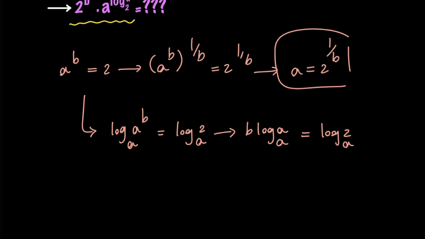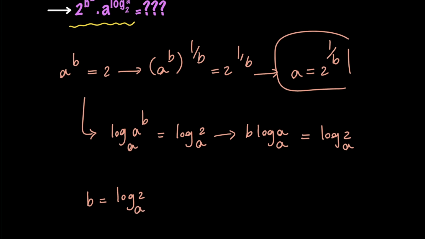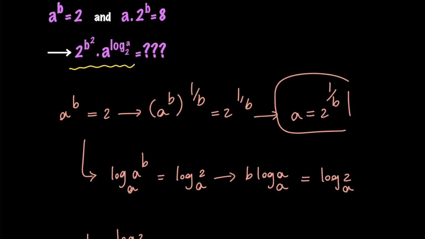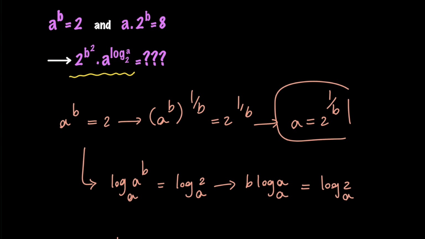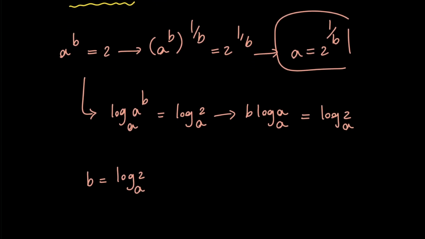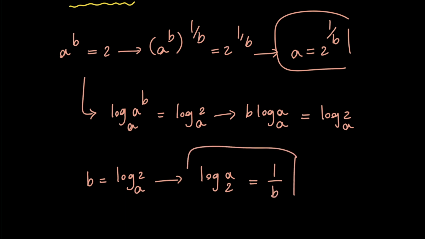And since log a with base a is 1, we have b equals log 2 with base a. But notice that in the expression that we want to evaluate, we have log a with base 2. So I'm going to say that log a with base 2 is equal to 1 over b. Great, so we've used the first equation and we found two equations that we're going to use later on.